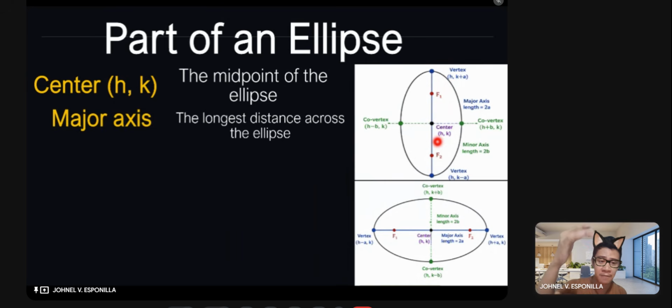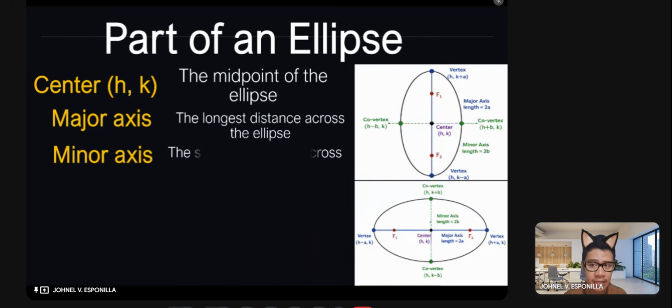Okay, so from vertex to another vertex, that is the major axis. Pagdating naman po sa horizontal ellipse na nasa baba, itong horizontal part is the major axis. That is the longest distance across the ellipse. So yung isang axis na shortest, so that is minor axis.